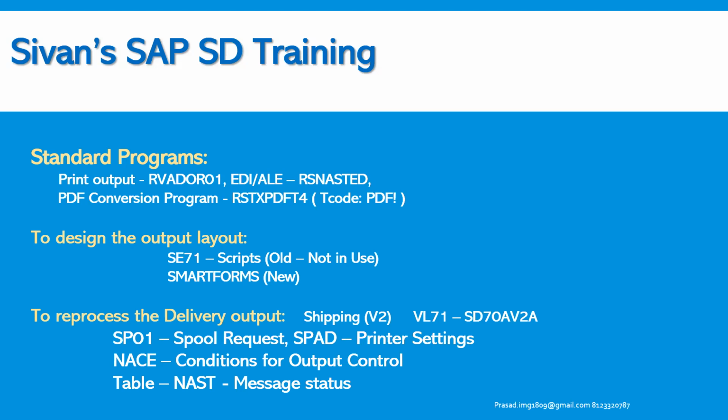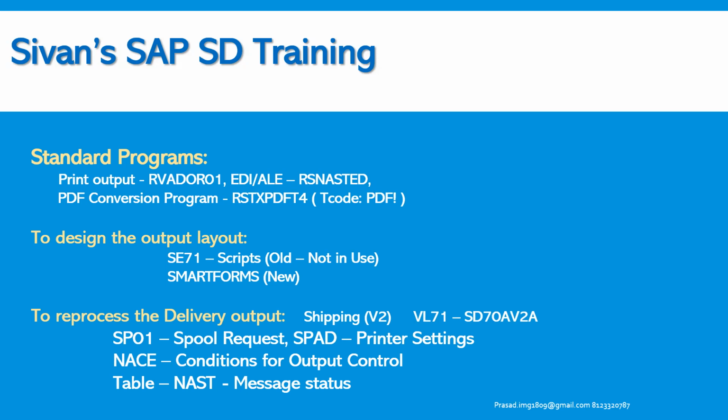So we must know the PDF conversion program name, and Adobe format software must be installed on each and every business user's desktop so that whenever they want to convert outputs, those outputs can be converted to PDF formats.